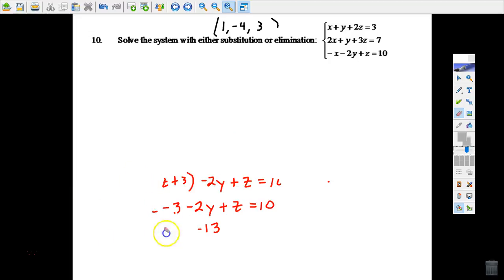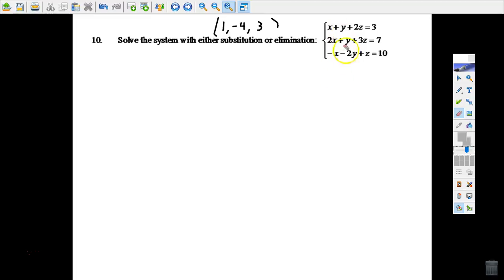Okay, and I told one of my classes today that I would work on eliminating y. So if you didn't eliminate y when you did this, it really doesn't matter which variable you choose, but the process is what you need to understand. Okay, so eliminating y, I'm going to pair up, I'll just call this equation 1 and equation 2.